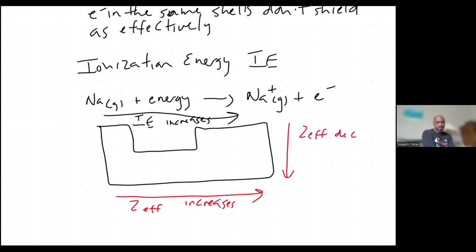So what do you think happens with ionization energy as we go down? Yes, ionization energy also decreases because it requires less energy to take as you go down because the effective nuclear charge is less at the bottom compared to the top, so it's easier to pull electrons away.